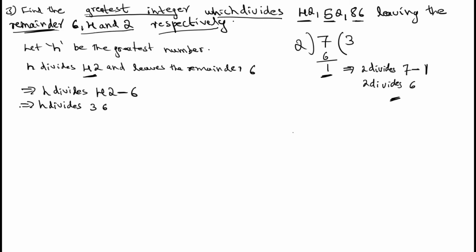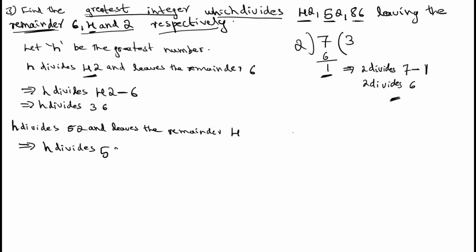Then take the second case: H divides 52 and leaves the remainder. What's the remainder given? The second remainder is equal to 4. We know this implies H divides 52 minus the remainder. This implies H divides, what is 52 minus 4? It's equal to 48.